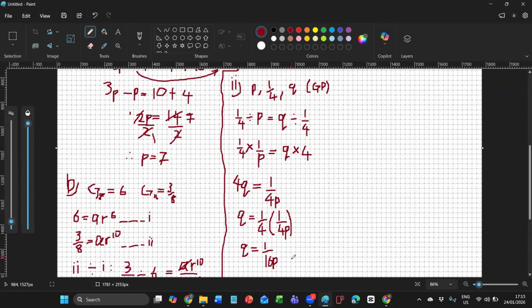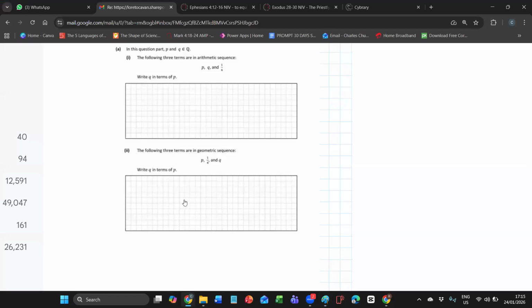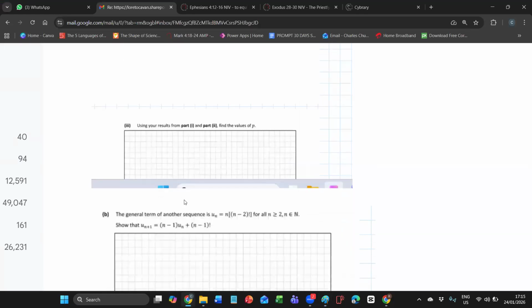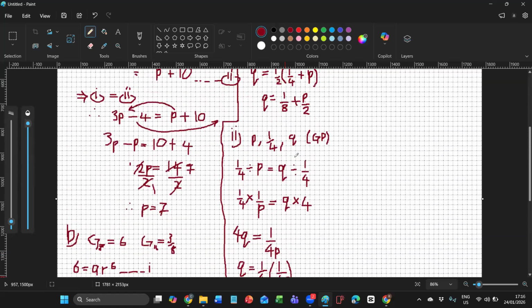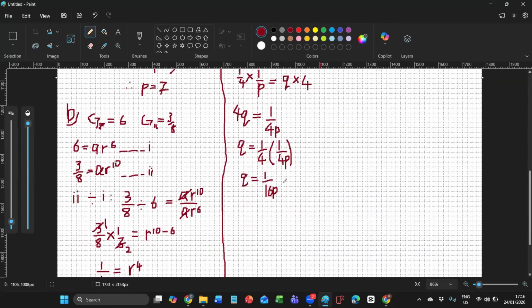So let's see if there's more over there. It says, using your results from part one and part two, find the values of P. Not a big deal, because now we have two different equations for Q. And so we can safely conclude that this one is equal to this one.